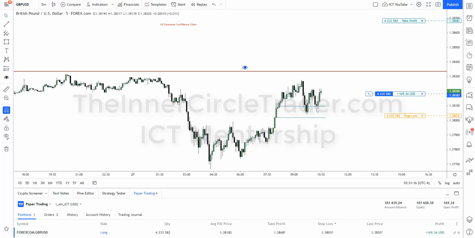Slow start to this trade. Okay, I want to start seeing range expansion in here on the upside.